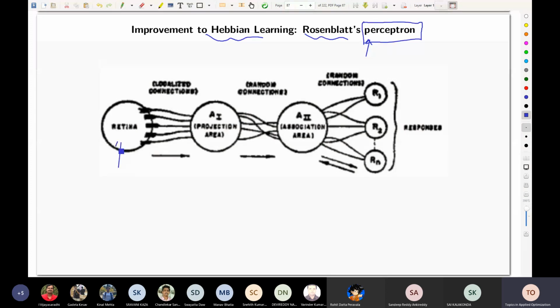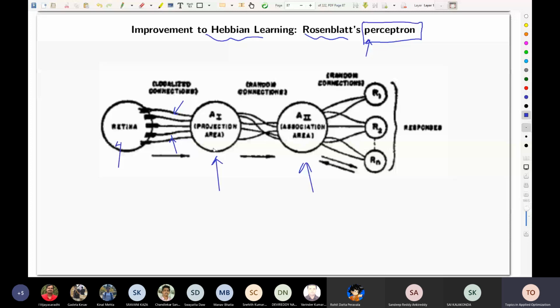So this is the retina, and then there are different layers, and you have the weights between the neurons across the layers. So this is what was proposed.